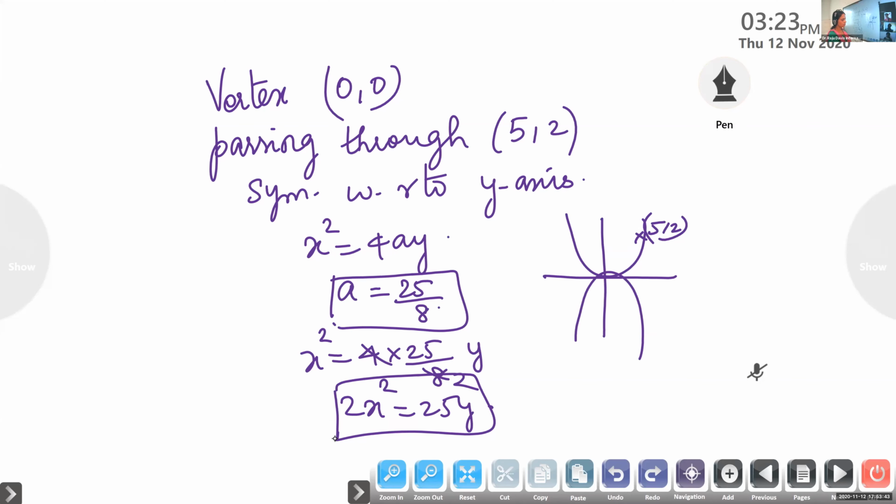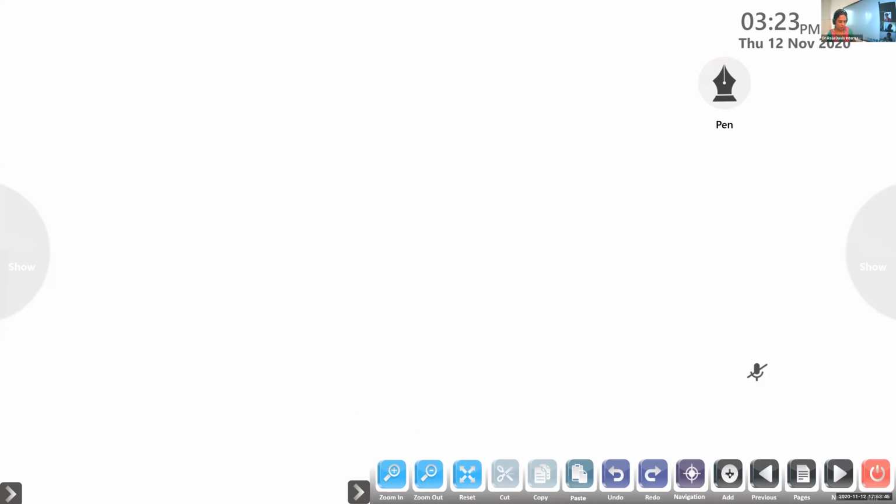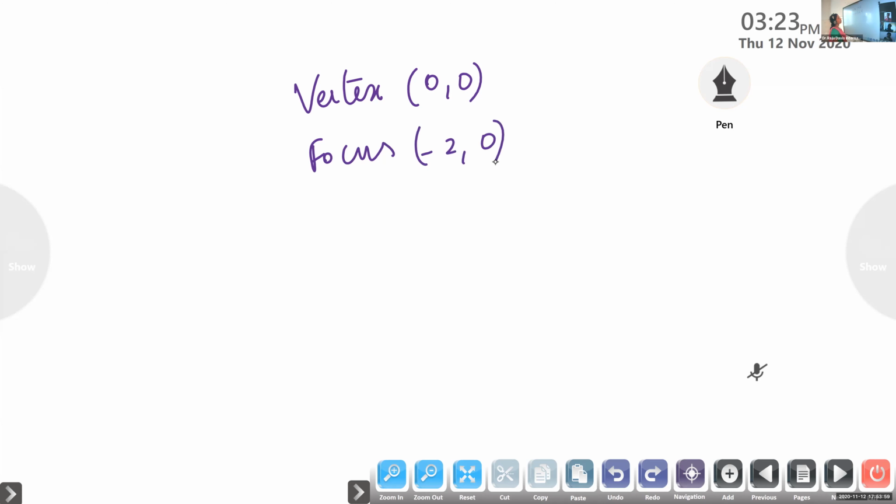Write the next question. Find the equation of the parabola whose vertex is 0, 0 and the focus is negative 2, 0.